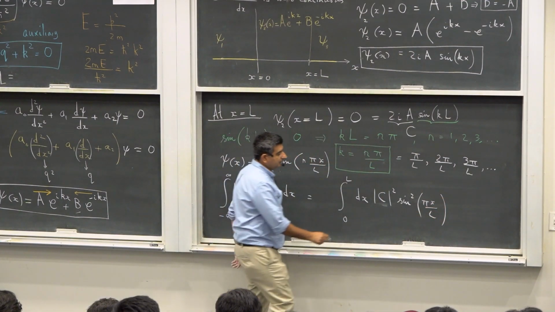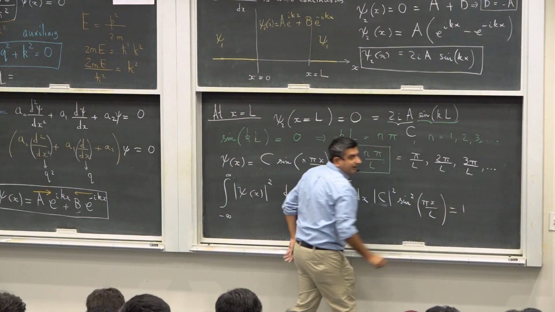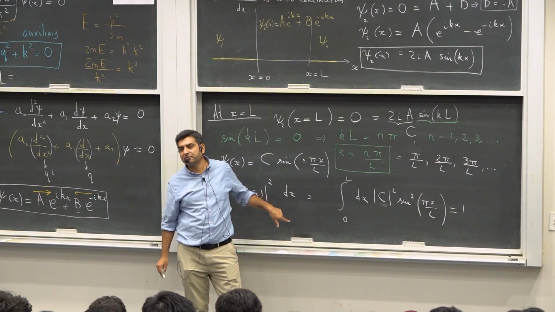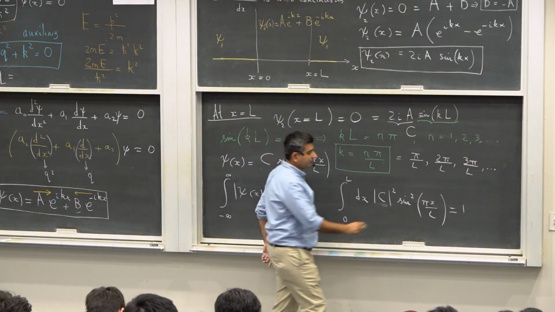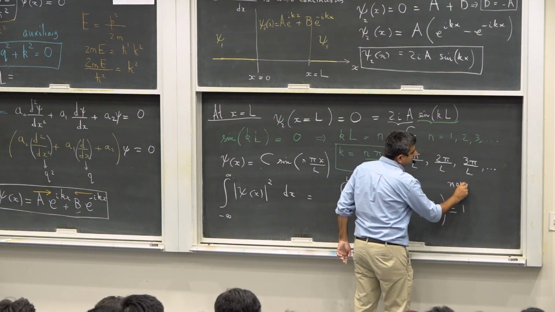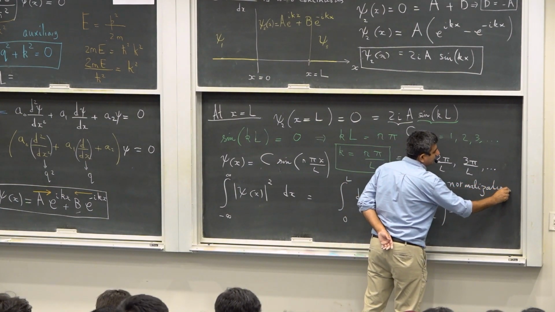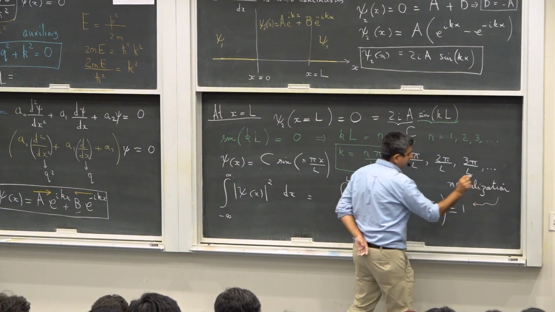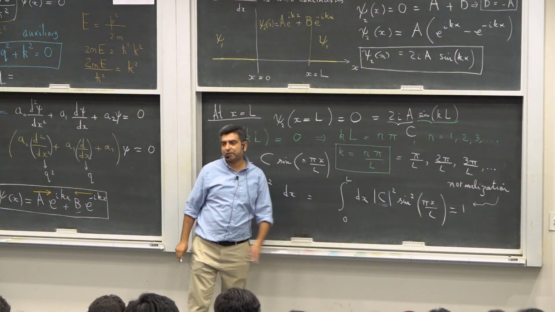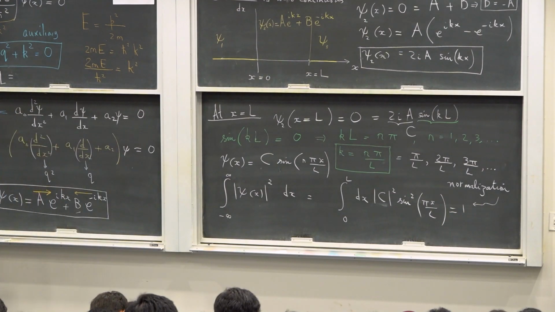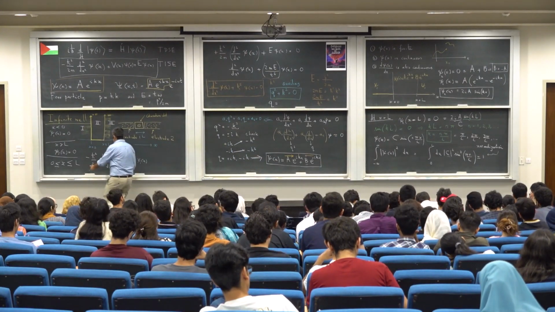So let's find this out for n equals 1. What I could now do is break up my integration from minus infinity to infinity into 3 regions. First, second, third.